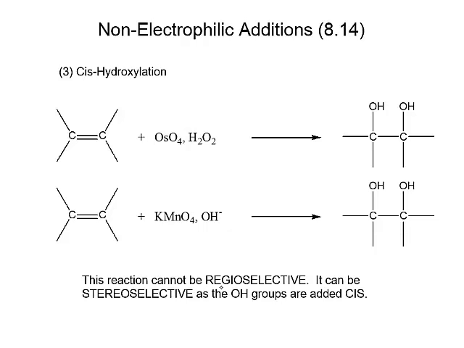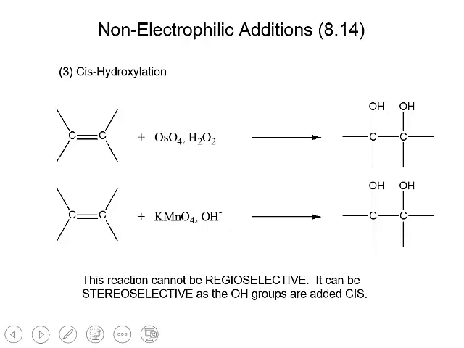Again, if I'm going to add 2 OHs to a double bond, it cannot be regioselective because I'm adding the same thing. So it's a symmetrical reagent. But since I'm adding the 2 OHs cis, it could be stereoselective. So cis hydroxylation is sort of the yang to epoxide hydrolysis where you get the 2 OHs trans. Now I can get the 2 OHs cis.